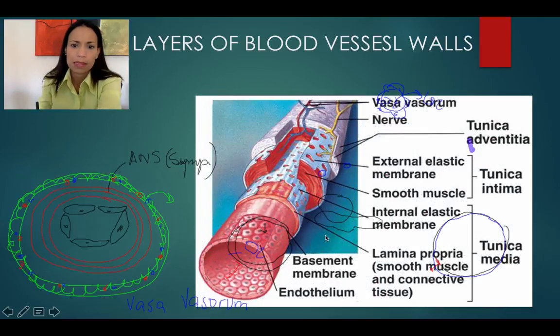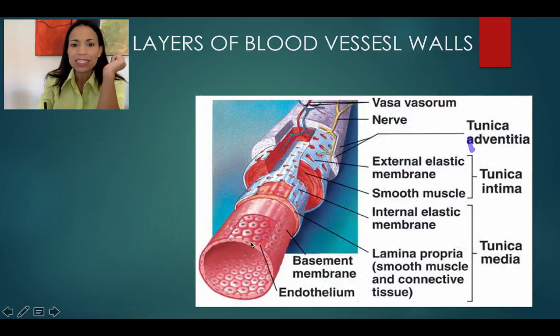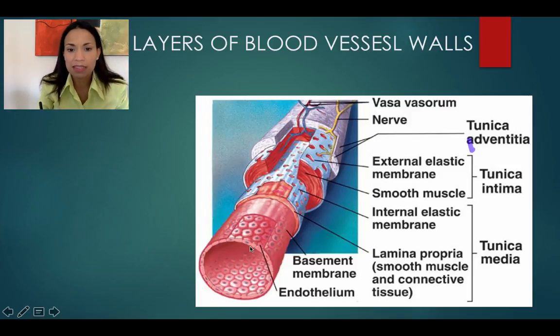Now, in here, let me go back so I can erase that. Okay, in here we can see maybe a better picture where we can visualize these layers. This is your simple squamous epithelium. This is the endothelium of the blood vessels. This is the tunica media, which is innervated by the sympathetic nervous system, the smooth muscle tissue, and all of this is lamina propria.